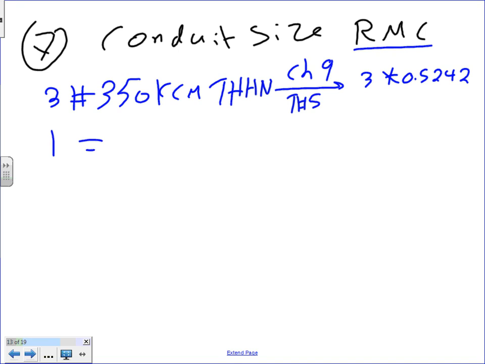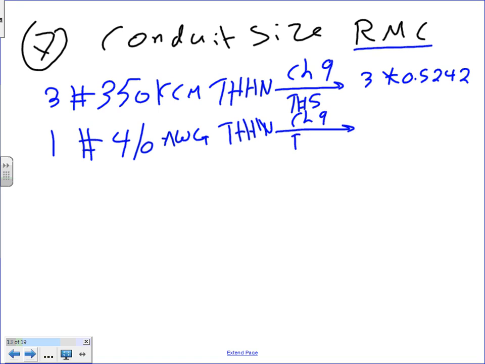And 1 conductor, the neutral, was 4/0 AWG, same thing, THHN, same table, Chapter 9, Table 5. This will give you 1 conductor multiplied by 0.3237. Add them up.